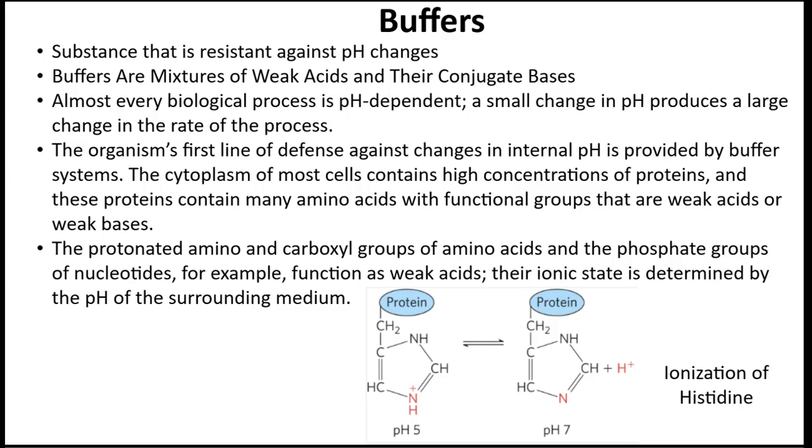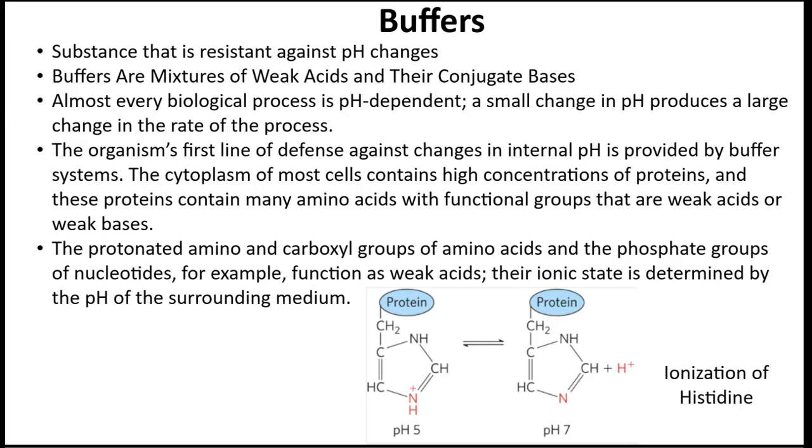Almost every biological process is pH dependent. A small change in the pH produces a large change in the rate of the process. The organism's first line of defense against changes in internal pH is provided by buffer systems.